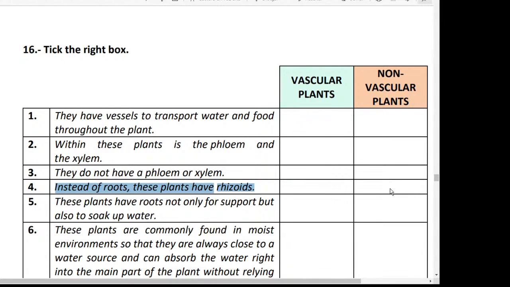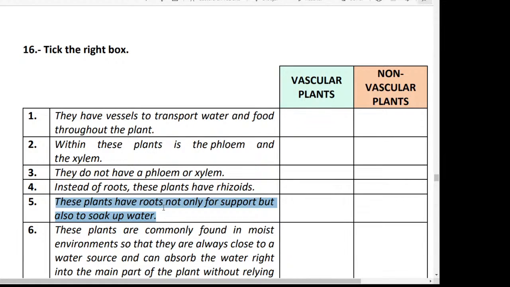So the correct answer would be non-vascular plants, but remember that there are some vascular plants, for example ferns, vascular plants with spores that have rhizoids as well. Very good, Candela.